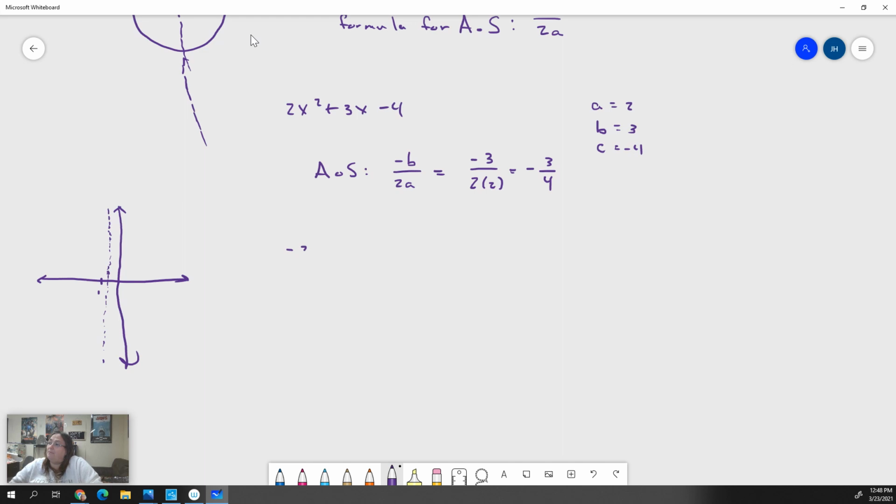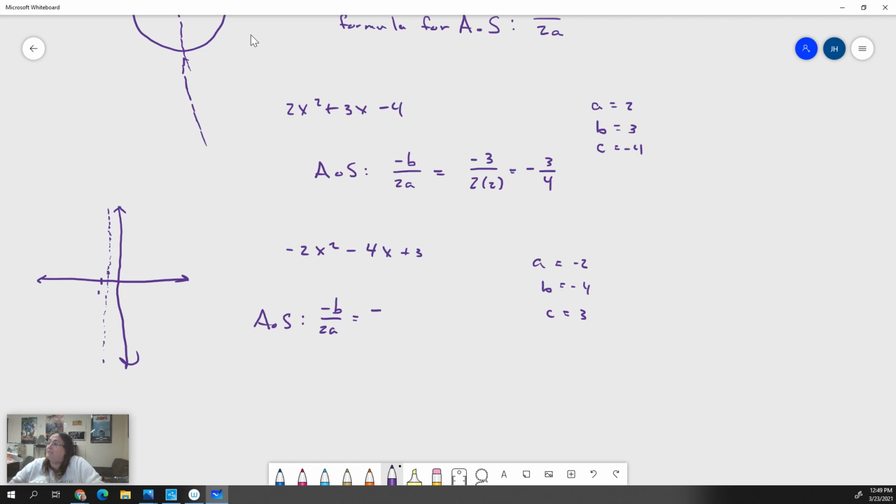So what if we had minus 2x squared minus 4x plus 3? In this case, my a equals negative 2, my b equals negative 4, and my c equals 3. So when I want to find that axis of symmetry, I've got minus b over 2a.